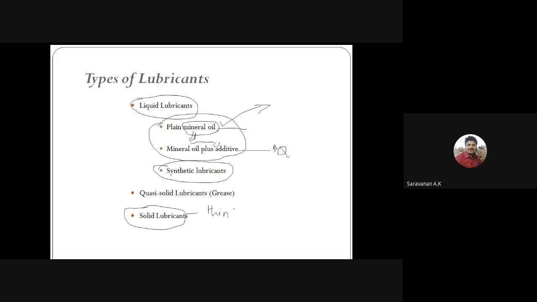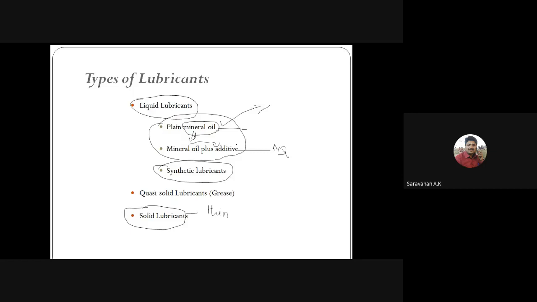That type is called the solid lubricants. The quasi solid lubricant is semi solid, a pasty form, that is grease. Grease is one type of lubricant, used to avoid friction between the mating parts, and it is also used as a coolant.